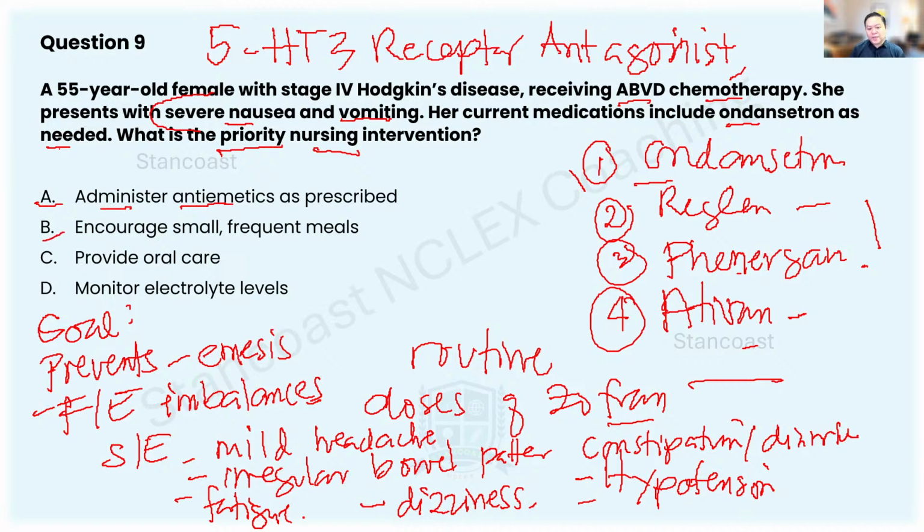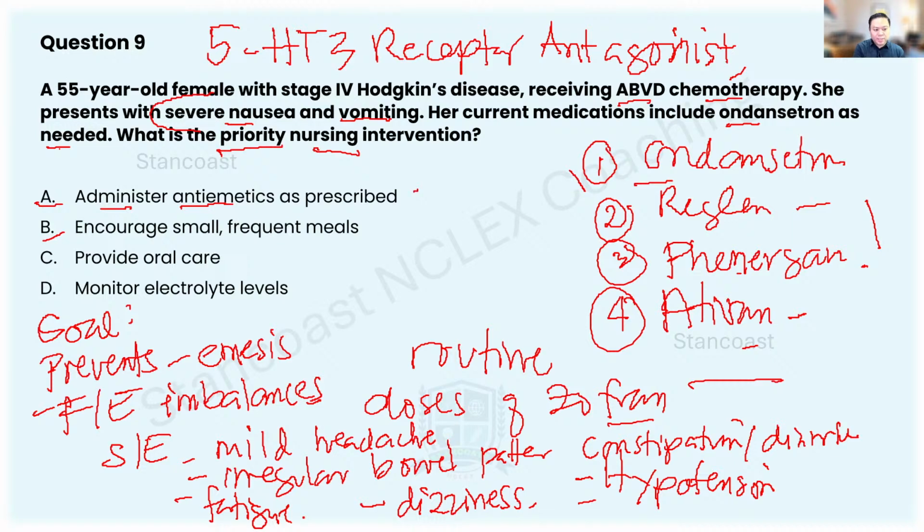Encourage small frequent meals. What do you think about this one? Is it a good intervention? Yes, it is. But will it control the nausea effectively compared to the other answer, which is the antiemetic medication?